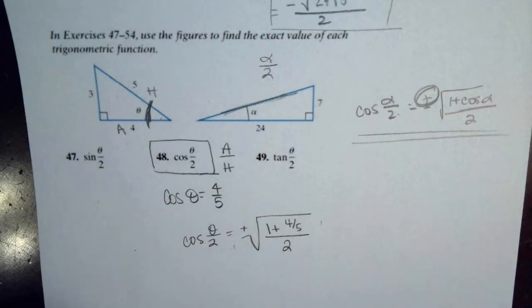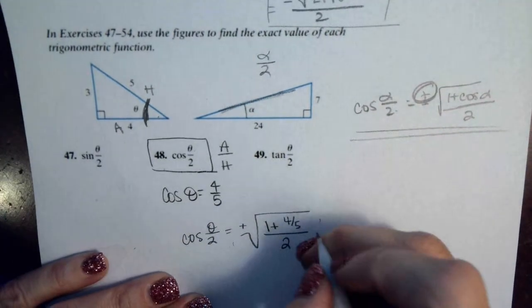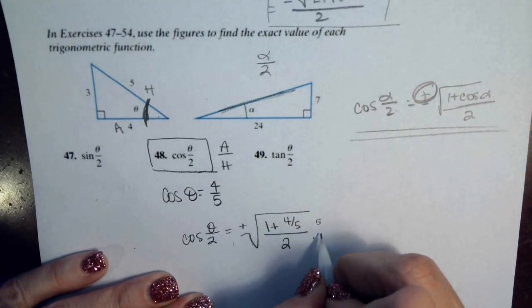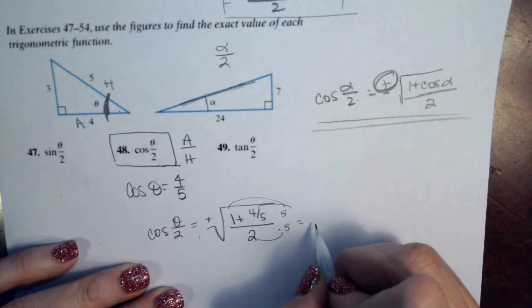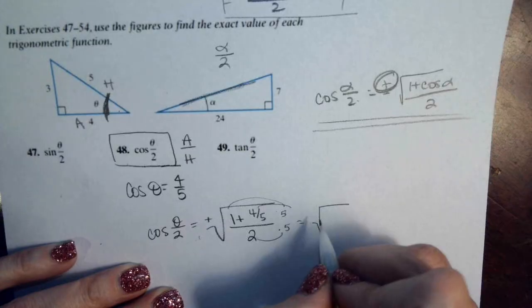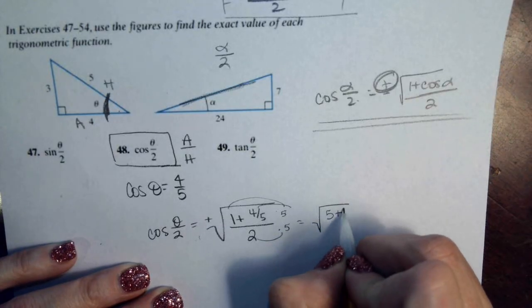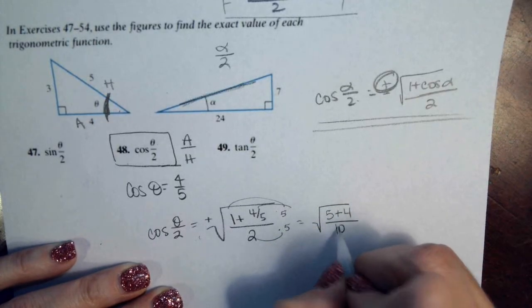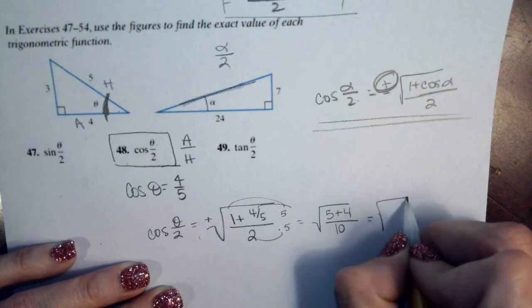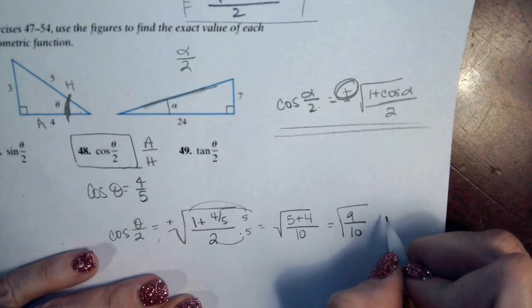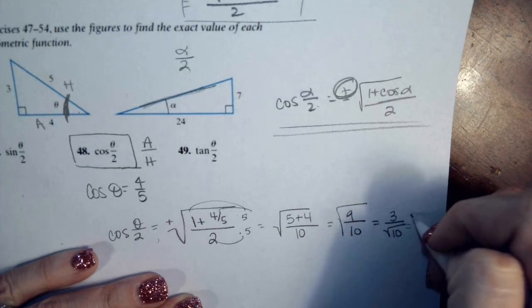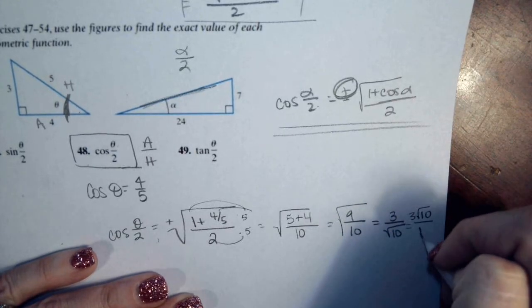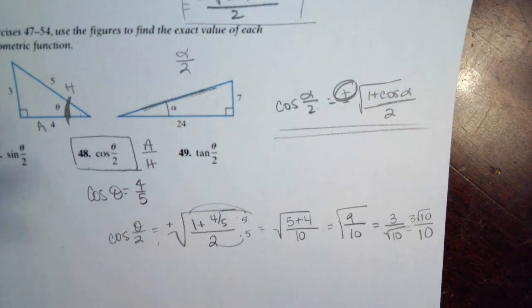So that is one possible way. Then I have the square root of 5 plus 4 over 10, which is the square root of 9 over 10, which would then be 3 over square root of 10, which is 3 root 10 over 10.